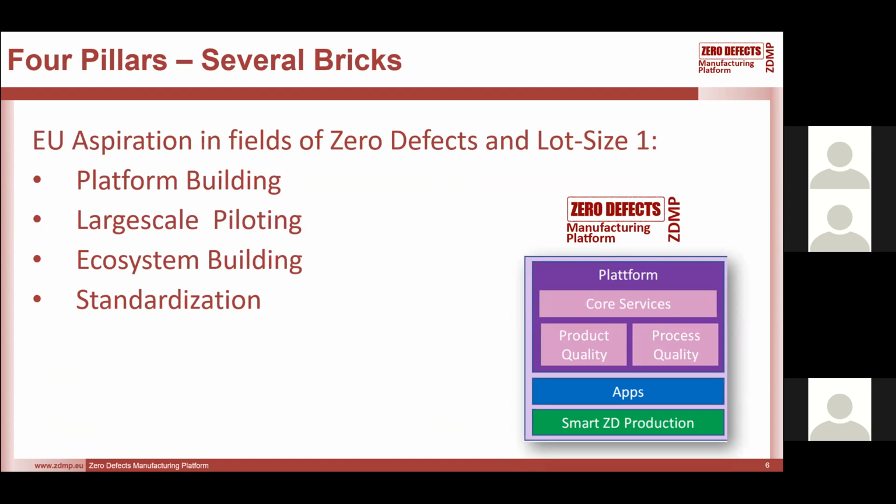These can be interesting topics. At a very high level, what is the platform? Well, we have a set of core services, things like storage, for example. Then there will be some specific services and components for product quality and process quality. They can be morphed into applications, and hopefully they can then be deployed by users in cloud or on premise to orientate their production.